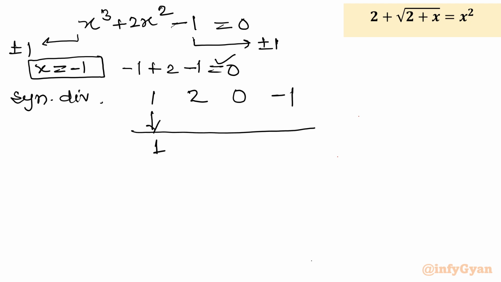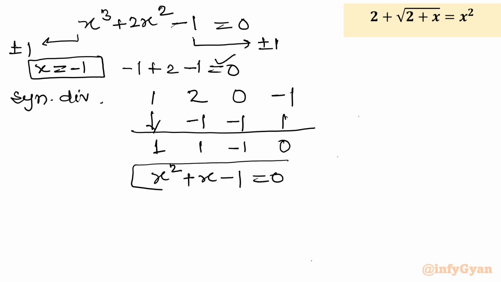Then minus 1 times 1 is minus 1, and 1 plus minus 1 is 0; 0 times minus 1 gives 0... and finally minus 1 plus 1 is 0. So the quadratic equation becomes x squared plus x minus 1 equal to 0. And of the solutions, x equal to 2 we already calculated, and this one is minus 1.